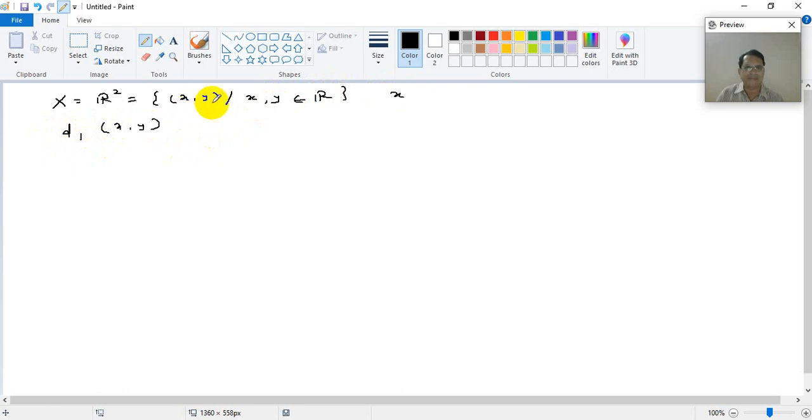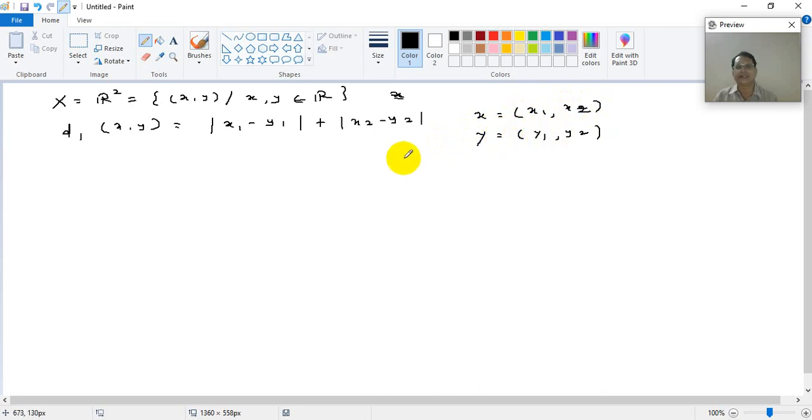Whenever you take x and y, we will define d1(x, y) as the sum of mod of x1 minus y1 plus mod of x2 minus y2, where x is (x1, x2) and y is (y1, y2). So here the metric is defined as the difference between the x coordinates of the two points, mod of that, plus the difference between the y coordinates, mod of that.